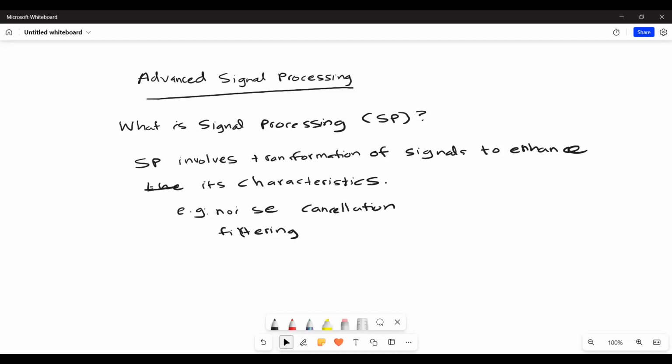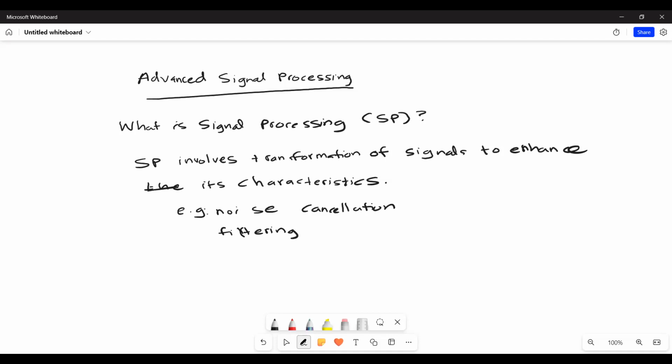By doing those, we are hoping to increase the quality of the signal that we have and increase its usefulness. And by doing that, we are trying to take information from those signals. So basically, in signal processing, we'll be looking at signals, and we will be looking at how to process them to obtain information from them.